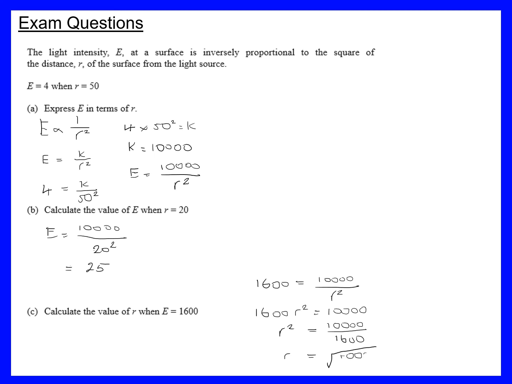Square rooting both sides gives us the square root of 10,000 over 1,600, and that means r is 2.5. So be really careful when you've got squareds. If you want to find the single value, remember the inverse of squaring is square rooting. So to get rid of the square, we square root both sides. Remember, it's everything on the other side as well.